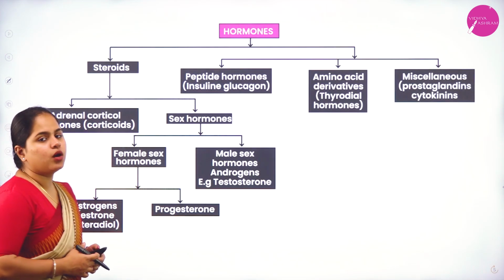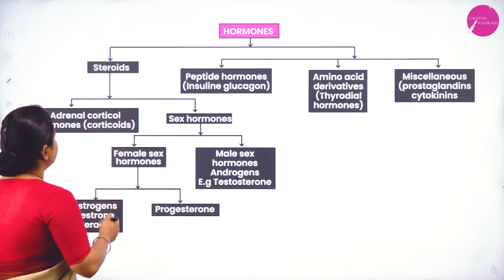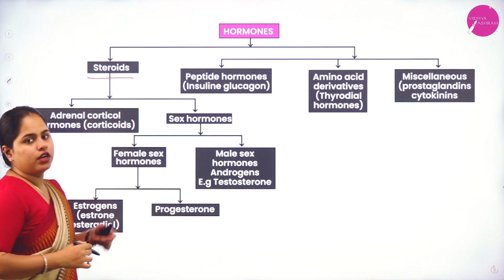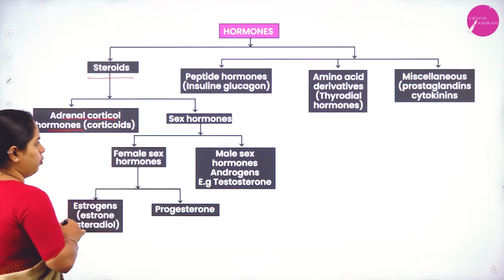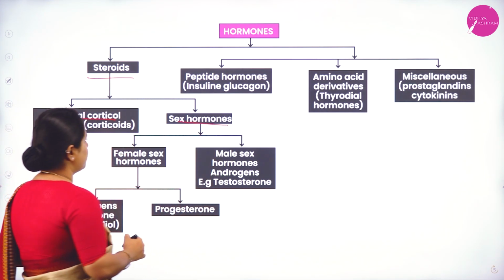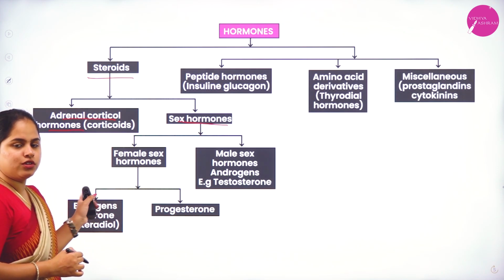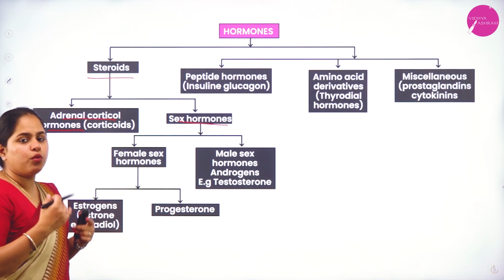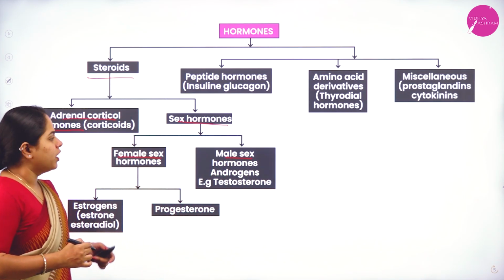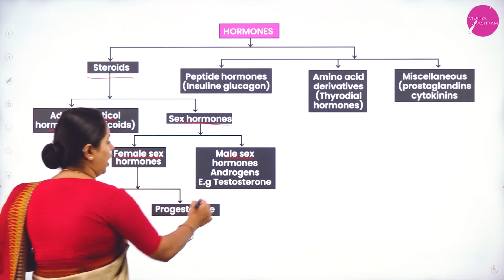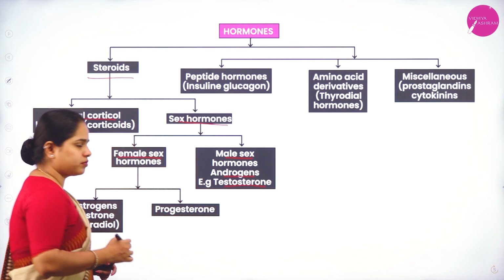So let's see how the hormones are classified. It is classified into steroids. Steroids are further classified into adrenal cortical hormones and sex hormones. And sex hormones are further classified into female and male sex hormones. Male sex hormones are androgens and testosterone.